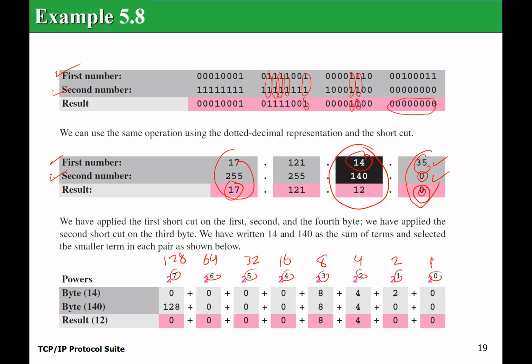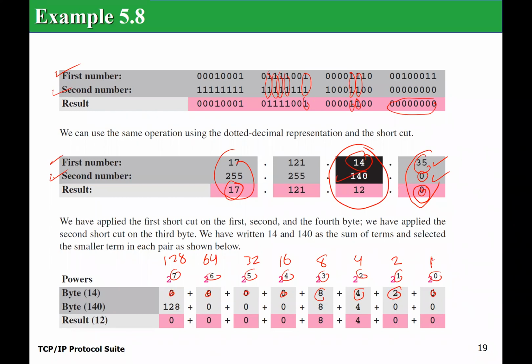If I want to make the 14, which ones do I need? I will have 8 plus 4 plus 2. Now I have 14. Anything else, I will keep as 0. Perfect. That's the first number. Now, what about the 140?